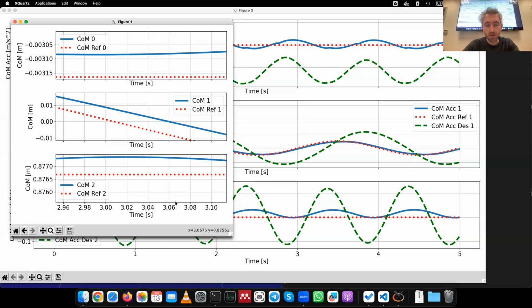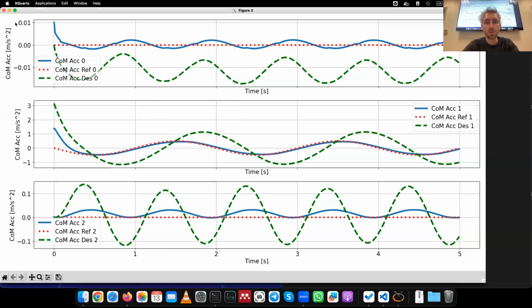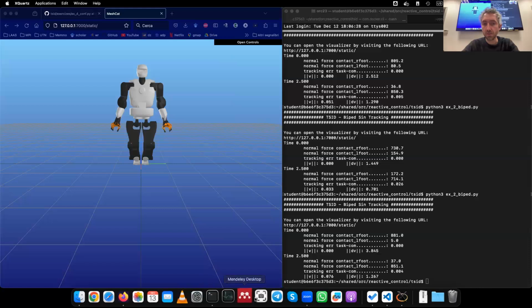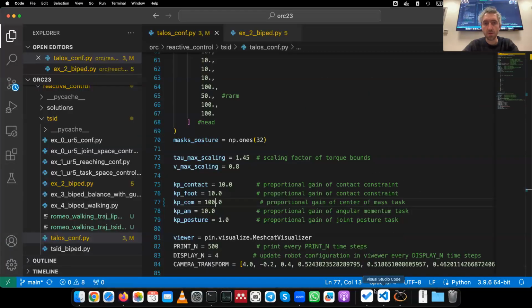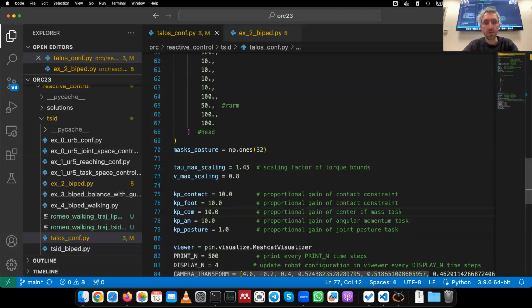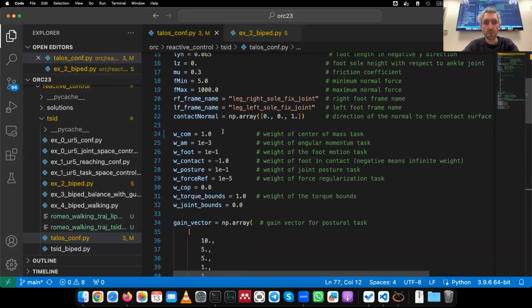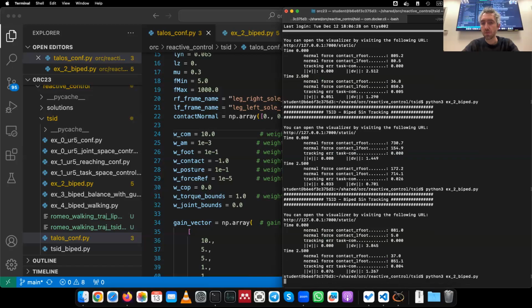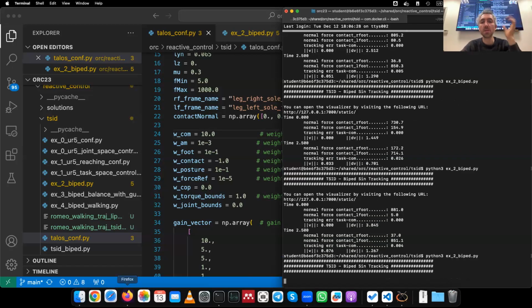So that's 0.04 seconds, so 40 milliseconds. We can check if we had that even before. So before we had this smaller, KPCOM was 10, but we had this bigger. Let's see if we have still this 40 milliseconds of delay.